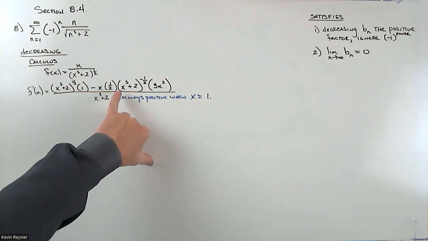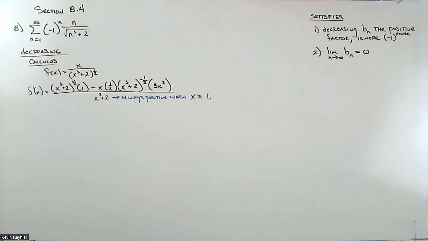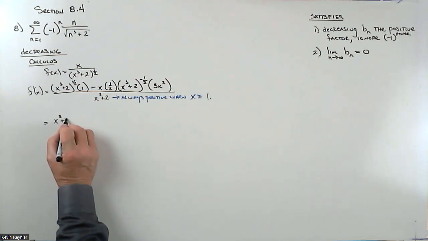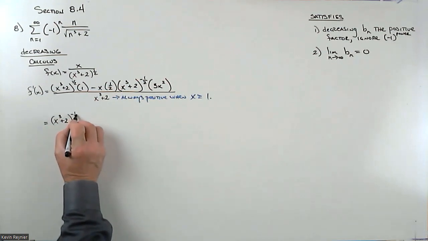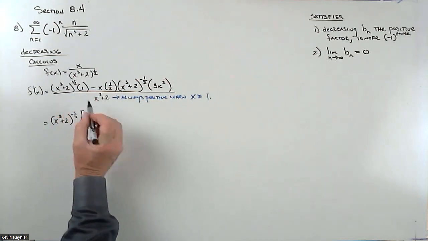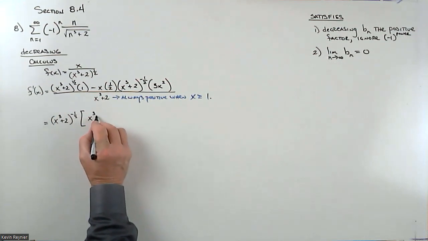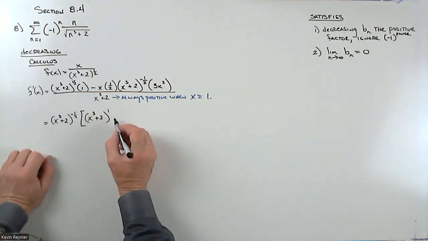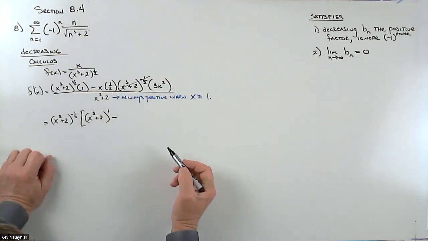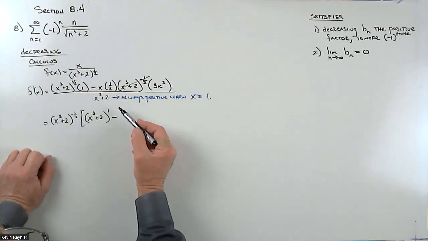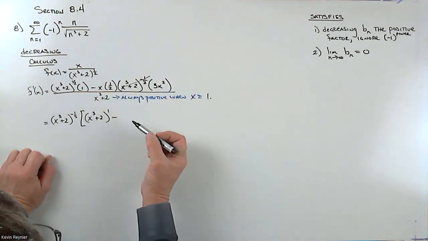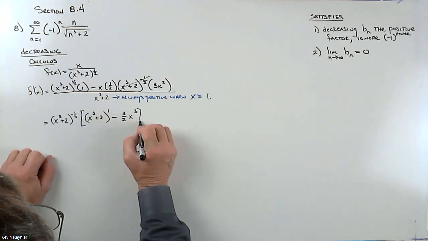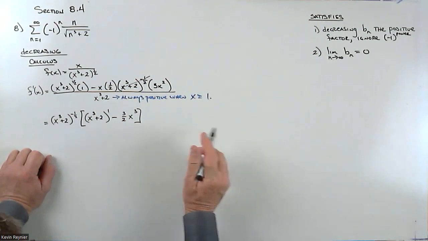Now we're going to factor out an (x cubed plus 2) to the minus 1/2. That's going to leave me an (x cubed plus 2) to the first, minus, from there, this is gone, and we have 1/2 times 3, that's 3/2, x times x squared, that's x cubed. Again, I'm not going to write down the denominator.